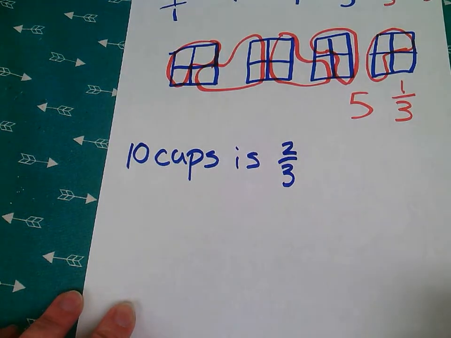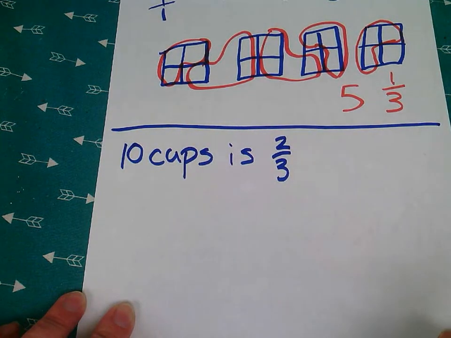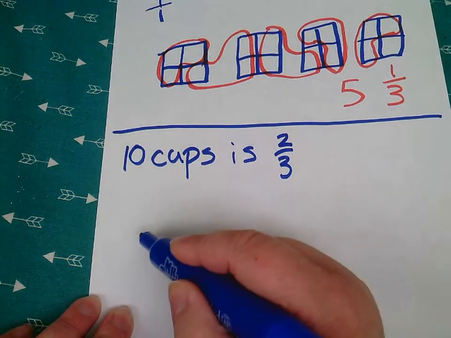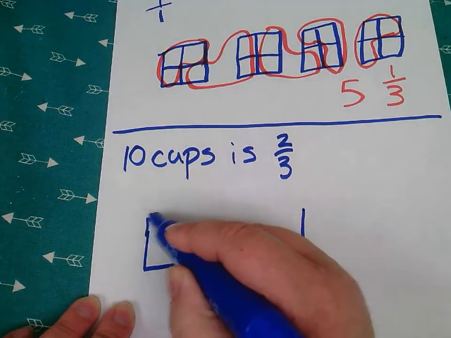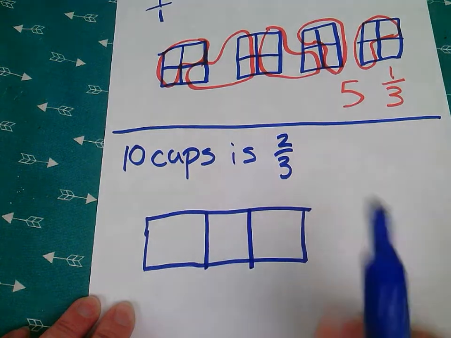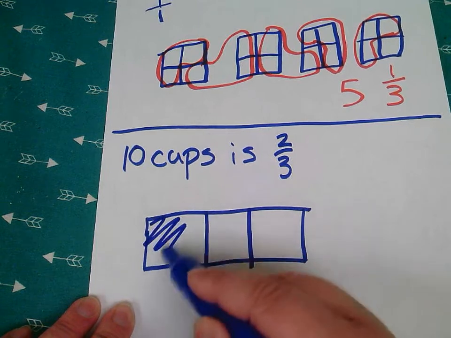But I want to know how much there is total. Well, I can think about it this way. I can make a tape diagram. And so I have 2/3, and I can even shade that in.